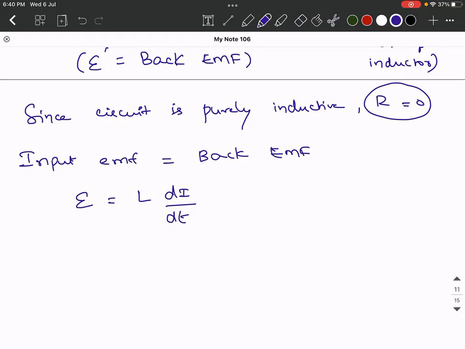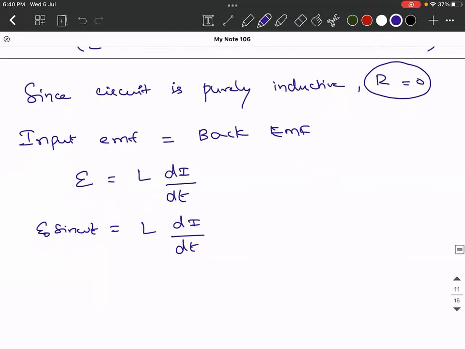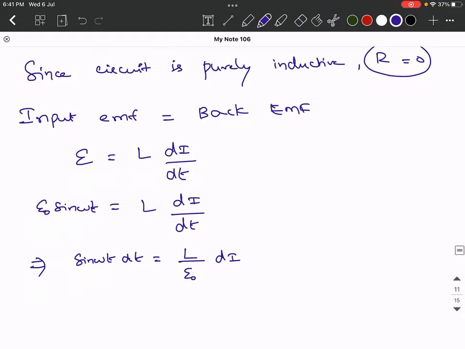But what is E? E is E naught sine omega t, which is equal to L into dI by dt, which implies E naught sine omega t into dt is equal to L into dI. Or I'll write it as E naught divided by L into dt. That makes more sense.